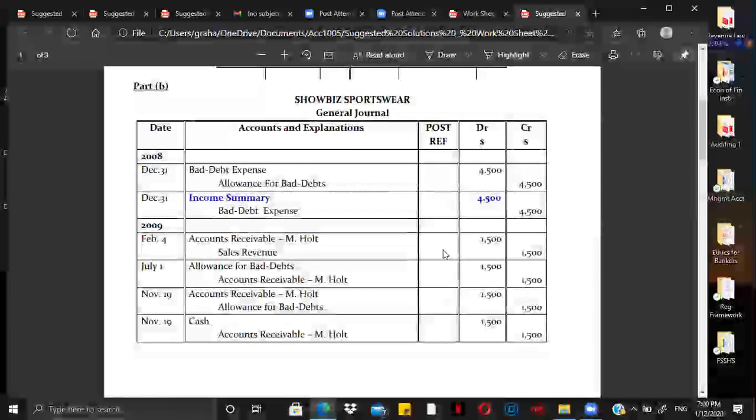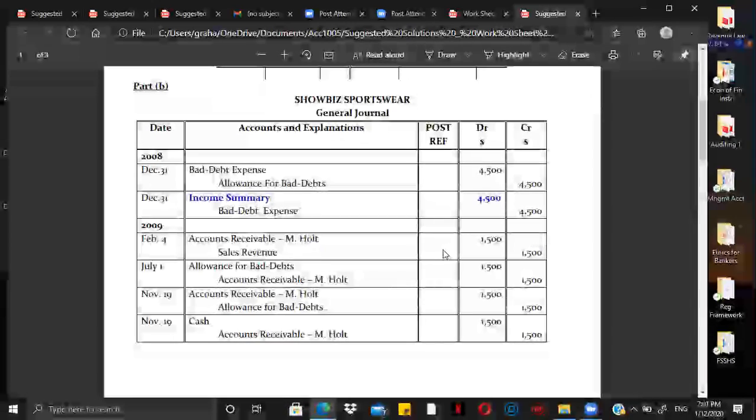Moving on to July the 1st. This is where we wrote off M Holt's account, and this is similar to what we did in the ledger. To write it off, we're basically taking it out of accounts receivable because we're saying that, hey, we're not going to get this again. So what are we going to do?